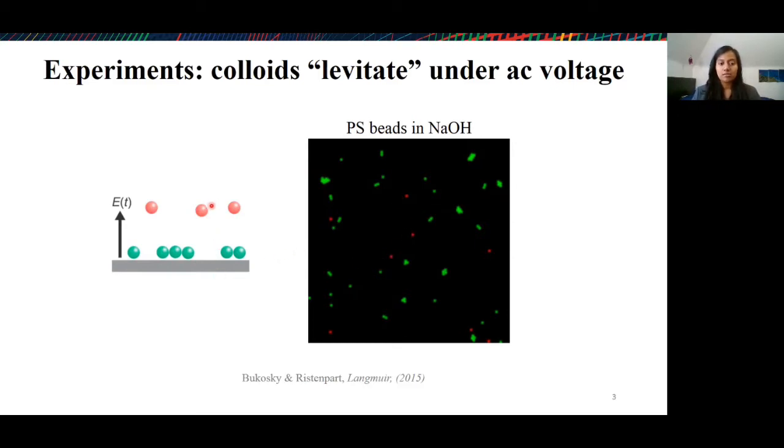Now, the fact that the colloids floated or levitated was interesting because the height at which they were levitating was much larger than most typical length scales in any of these colloidal systems. And so the question was, why do some of these colloidal particles aggregate near the surface, whereas some of them levitate or float?